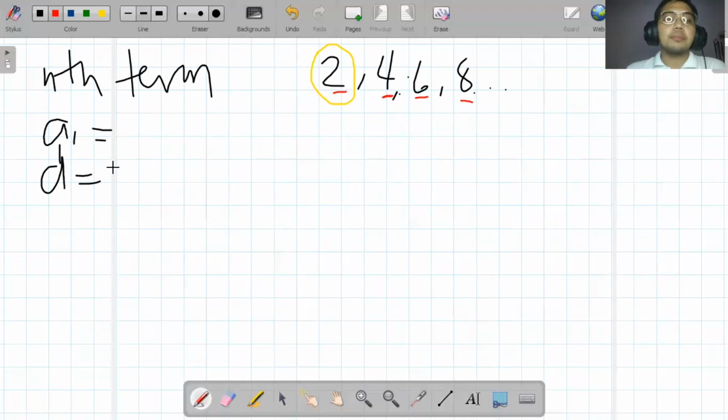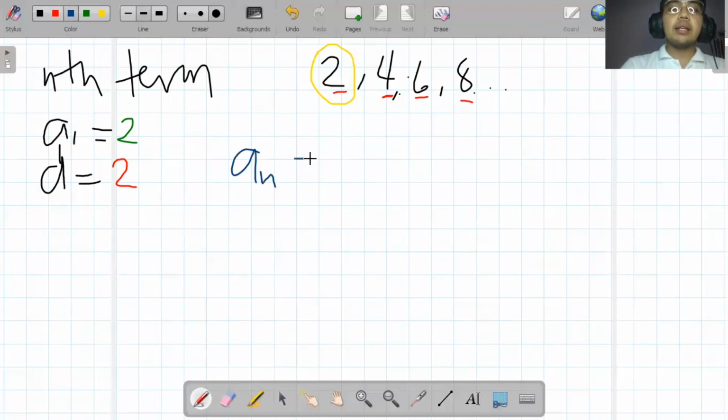If we do that, our common difference is 2, and our A sub 1 is also 2. Then go back to the formula for an arithmetic sequence: A sub n equals A sub 1 plus n minus 1 times d.